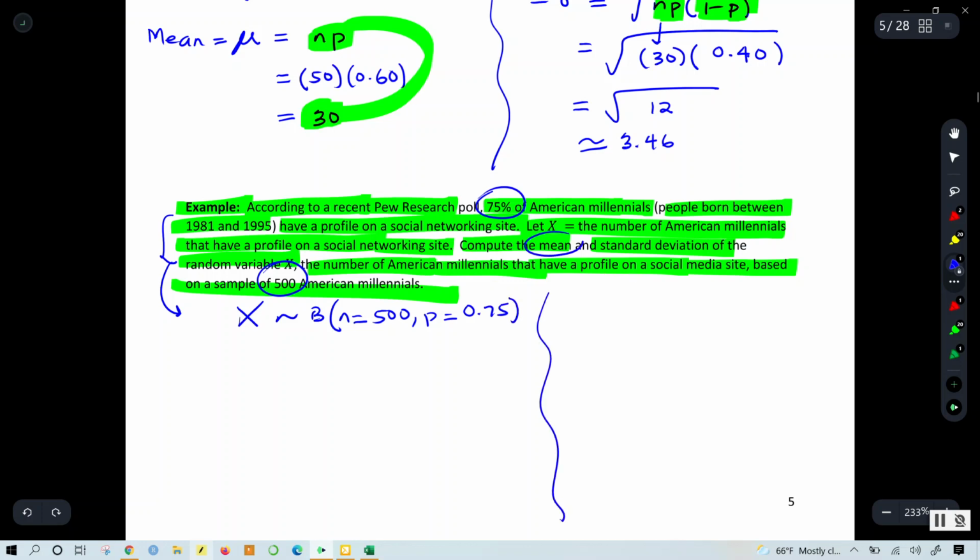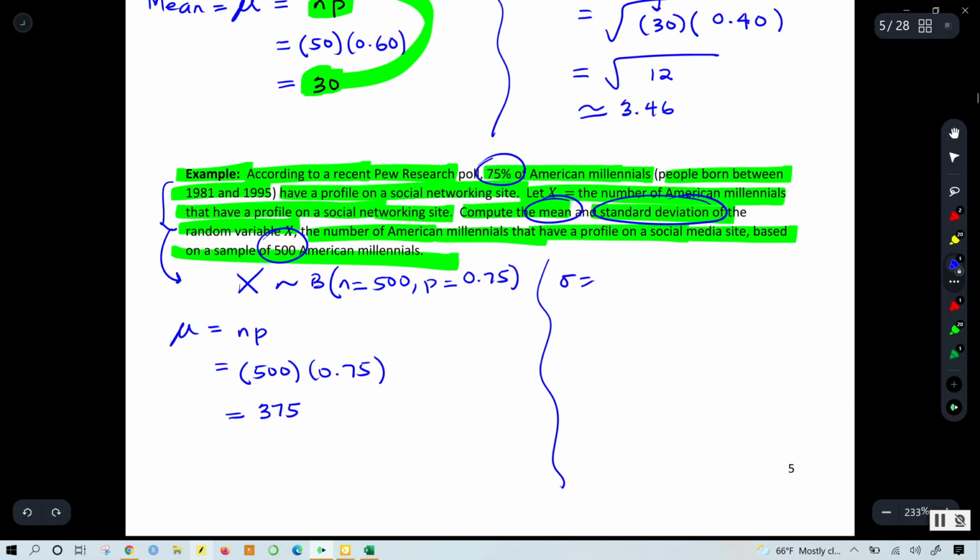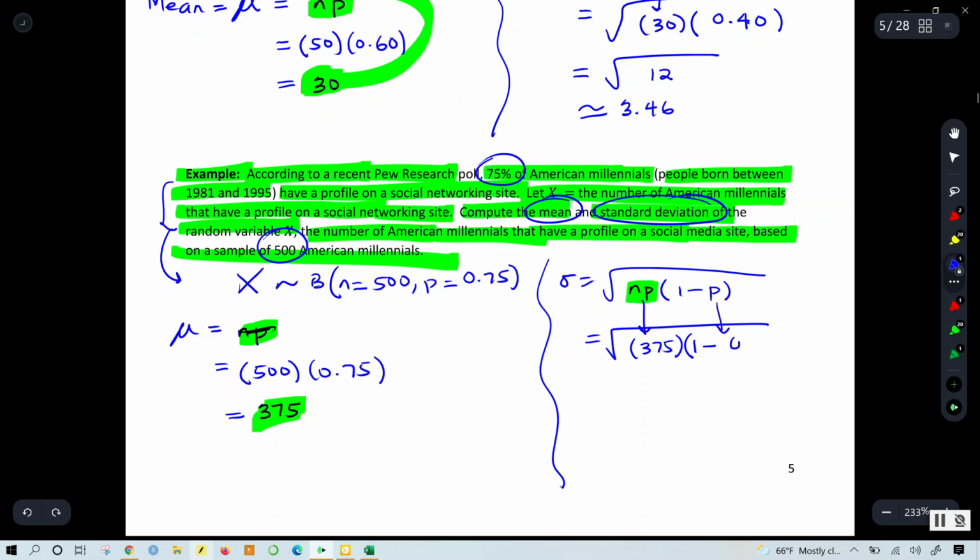So, to compute the mean and the standard deviation, the mean is n times p, and again, as we did in the previous example, we multiply n by p, and that gives 375, and the standard deviation is equal to the square root of n times p times 1 minus p. The answer for np we had earlier, np was 375, so I'm going to replace np with 375, and 1 minus p, 1 minus 0.75, is 0.25.